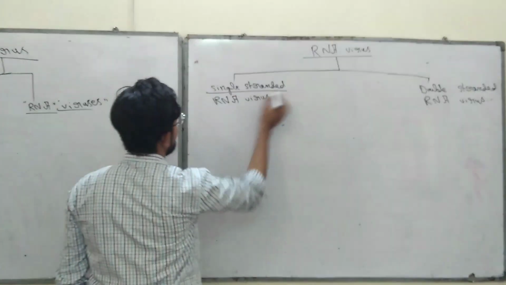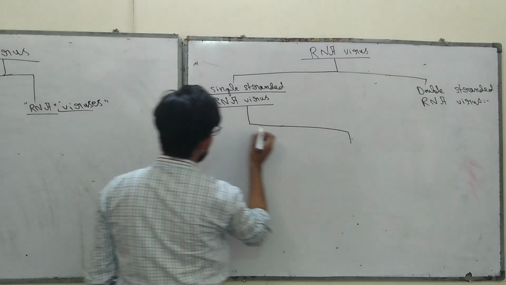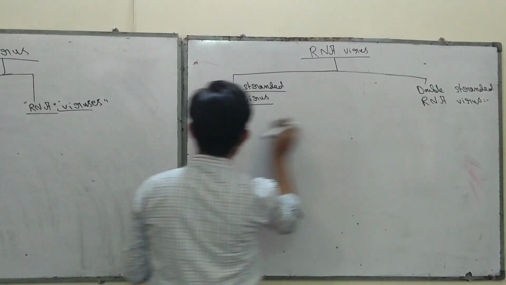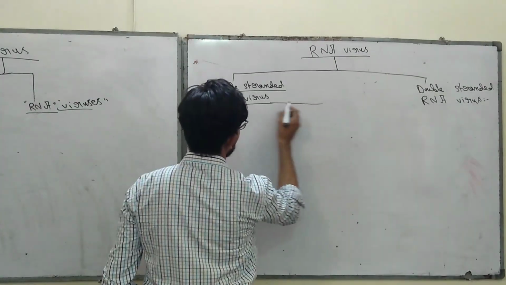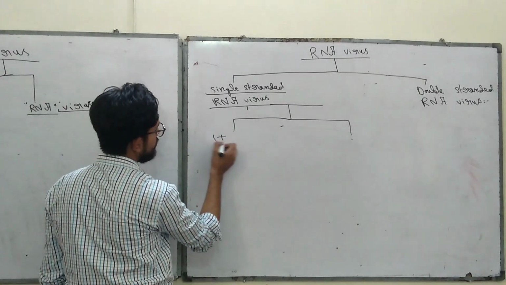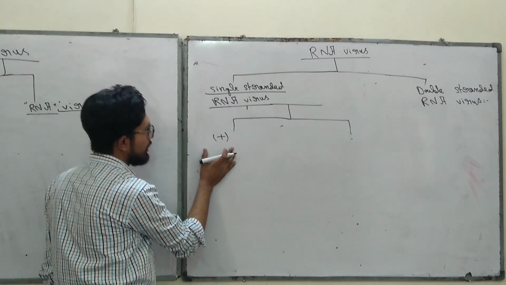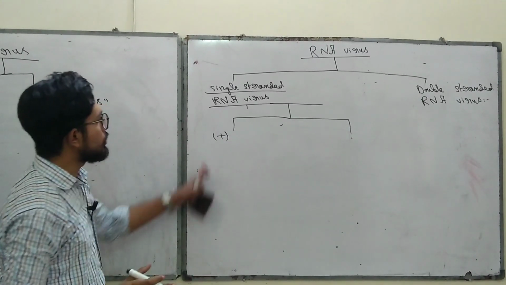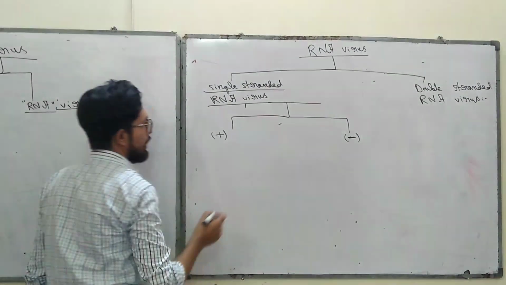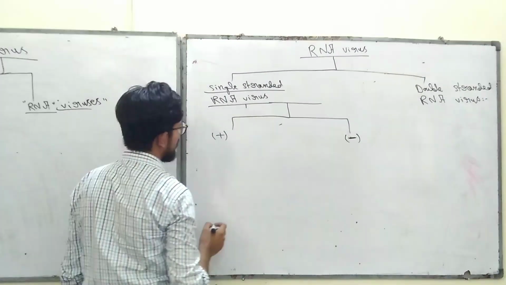And single-stranded RNA viruses are further divided into two categories, either positive polarity or negative polarity. Positive polarity means the RNA found in these viruses has a characteristic feature similar to messenger RNA, and in negative polarity, the viruses found in this group have RNA that does not act as messenger RNA.